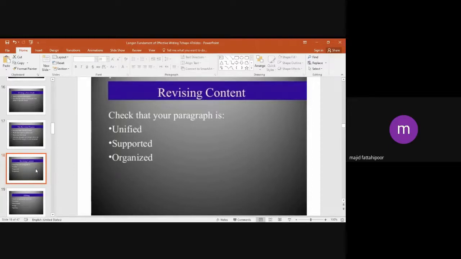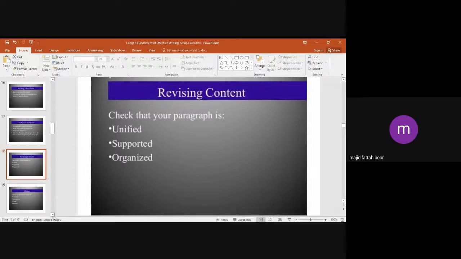And finally, for organization, check whether the sentences are in the right place. For example, the beginning sentences should be about an introduction. The final sentences should give us a sense of ultimate conclusion. The middle sentences should give us a sense of flow.